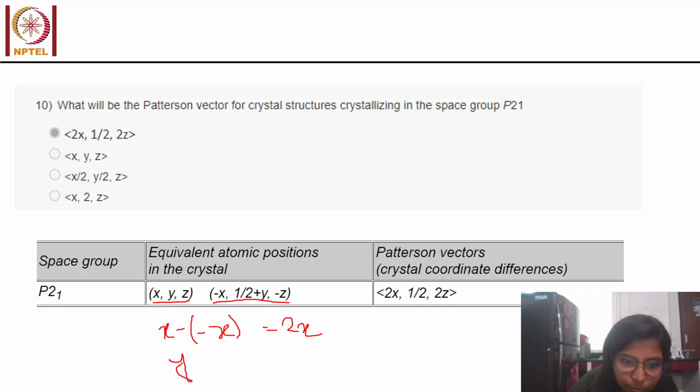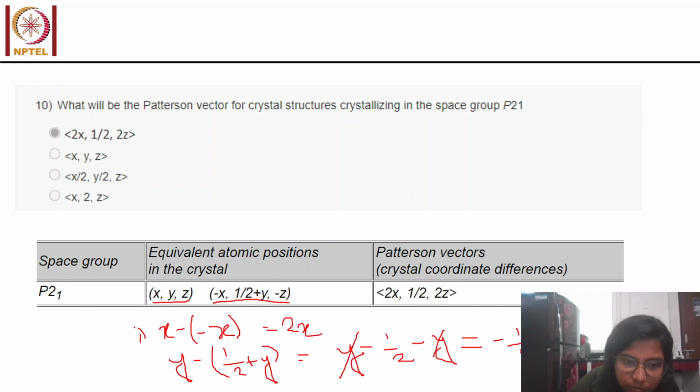Then we will subtract y from y plus half, and what we will get is y minus half minus y. This y will cancel, giving rise to minus half.